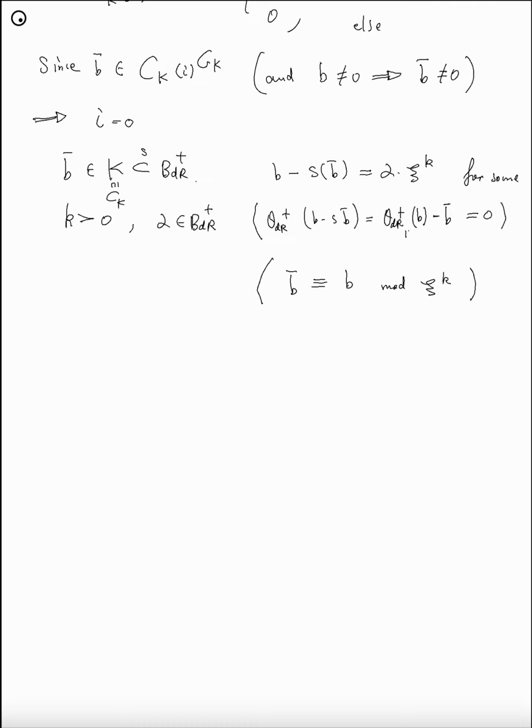Actually, this is b bar. Yeah, we don't need whatever other arguments. So this is 0, okay? This is telling that b minus the image of b bar is inside some filtration Fil^i of B_dR for some i bigger or equal than 1.